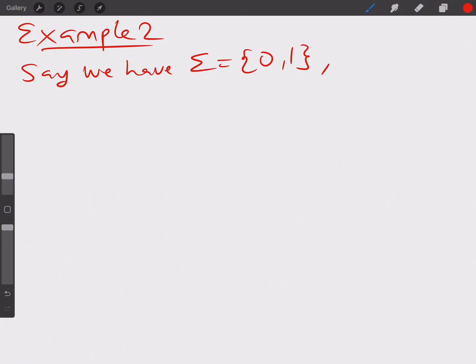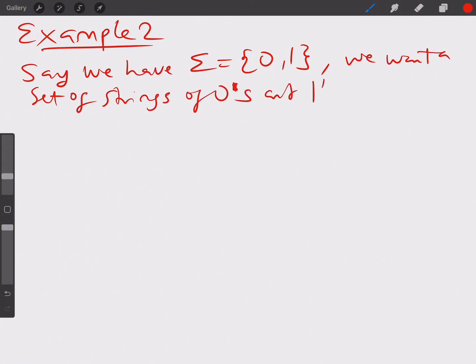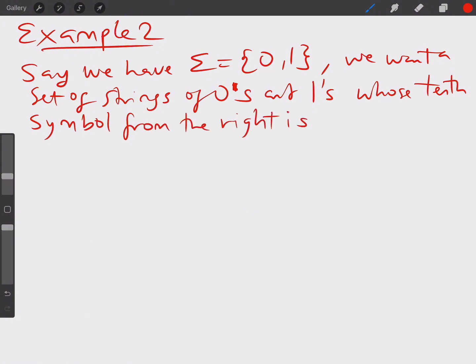And we want a set of strings of zeros and ones whose 10th symbol from the right is 1. How do we go about this?